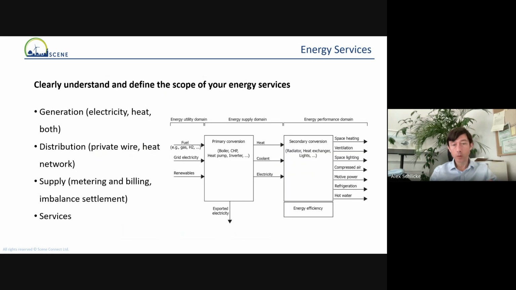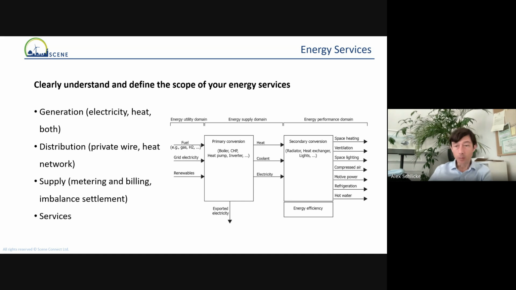So at the far left, you've got the energy utility domain. That's the actual production of the energy, so the generation of the electricity or heat. You've got the distribution, which is the actual moving of the electricity or the heat from where it's generated to where it's needed.